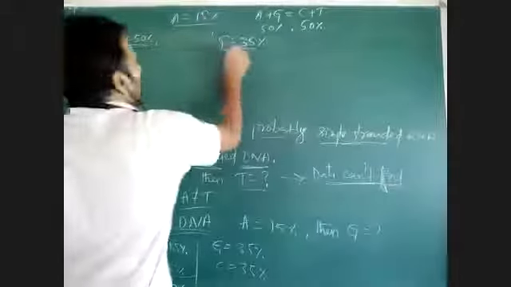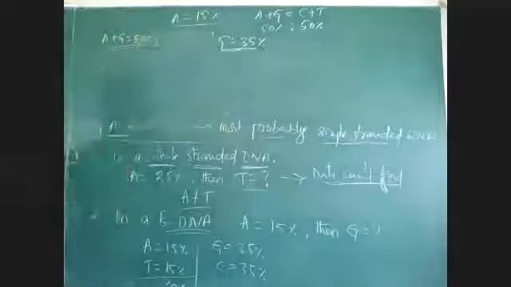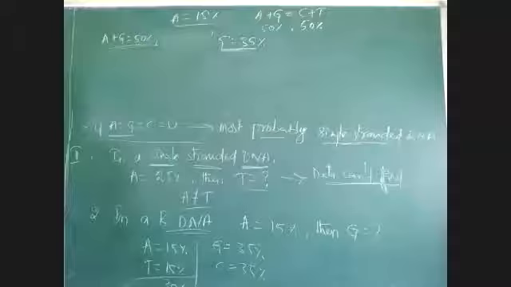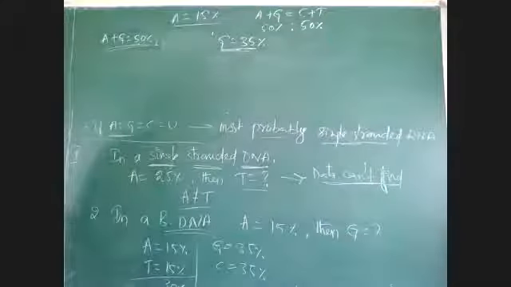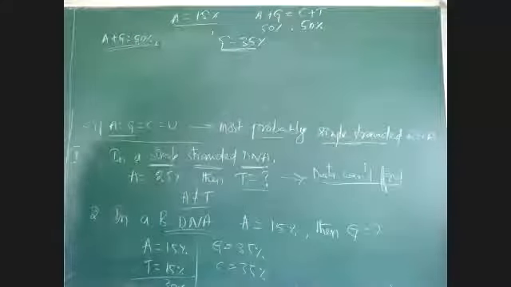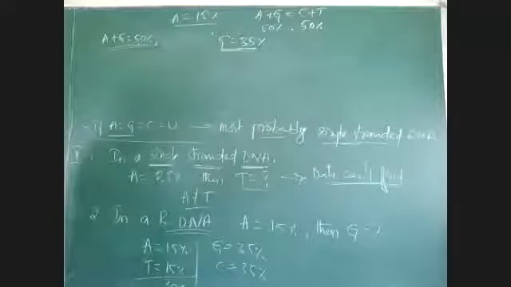A plus G is equal to 50%. As adenine is 15% there, so guanine will be 35%. Okay, clear? Right.